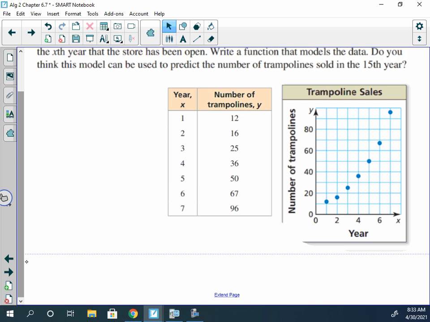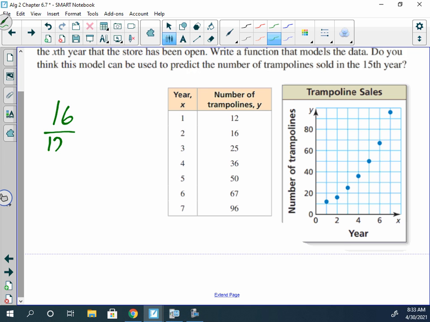Now, this is closer to a real world, quote unquote, situation, or at least as close as we can get. Because we can check to see the rate: 16 over 12, 25 over 16, 36 over 25.